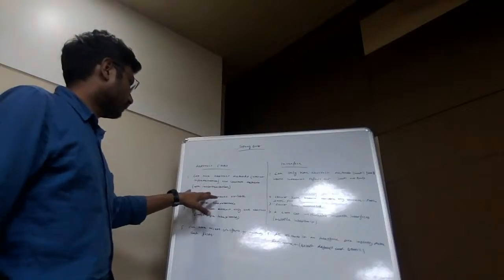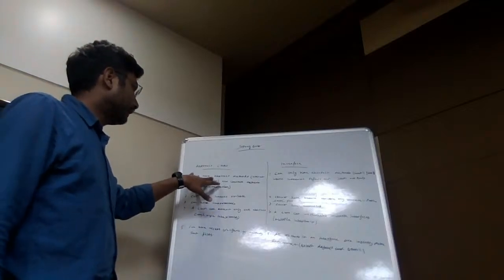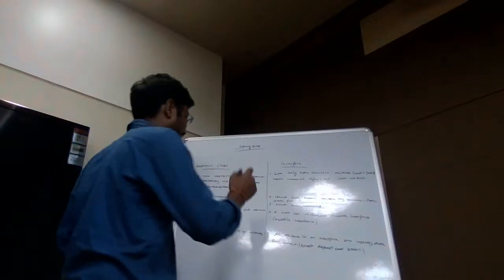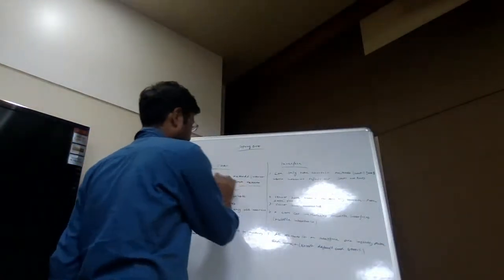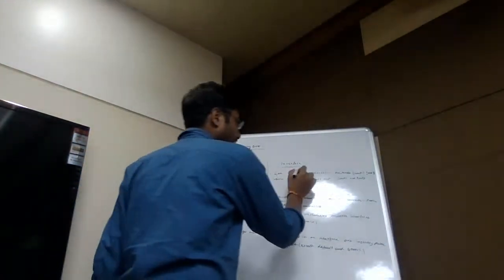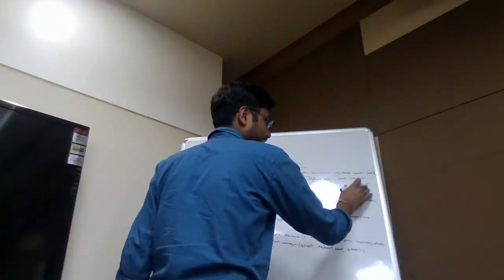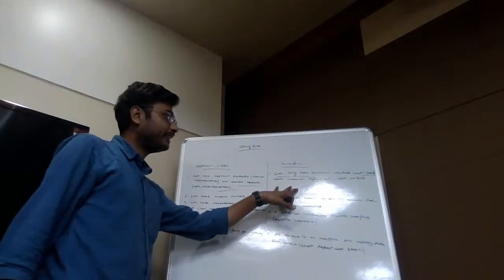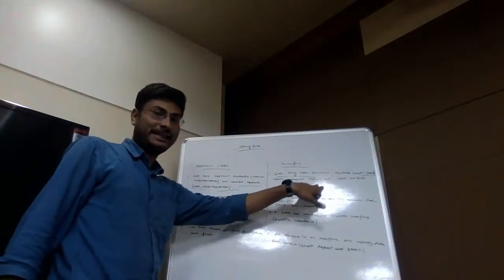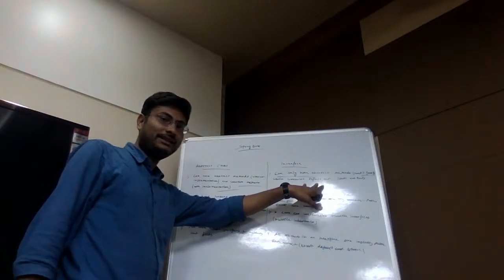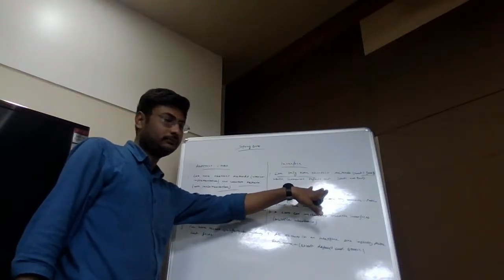So the first difference is that an abstract class has abstract methods as well as concrete methods. But in case of interface, an interface can only have abstract methods until Java 8. After Java 8, we have default and static methods as well. Inside those default and static methods, we can write the body implementation.